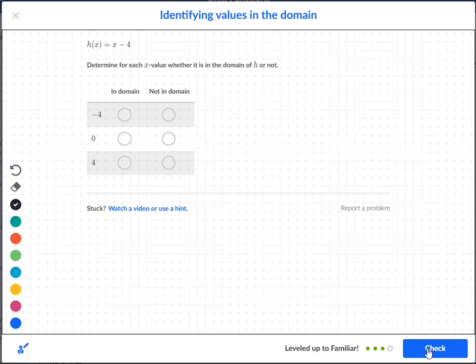Okay, next one, you have x minus 4. Well, you have no fraction. You don't see a fraction here. You don't have a square root here. So in this case, your answer is going to be all reals. And what does all reals mean? It can mean any number that you can think of.